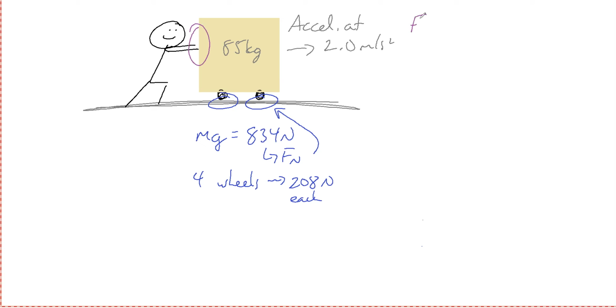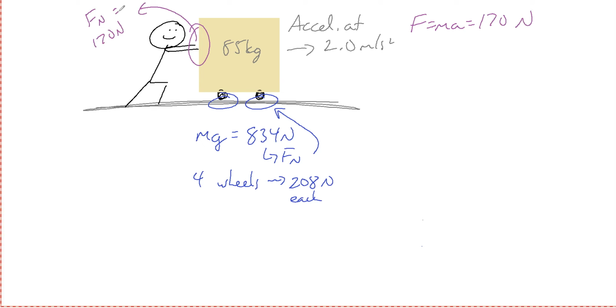With the basic F equals ma, 85 times 2 meters per second squared, there's 170 newtons of force coming from the guy pushing on the box. In fact, that would be the Fn right here. The Fn would be 170 newtons between his hands and the box.